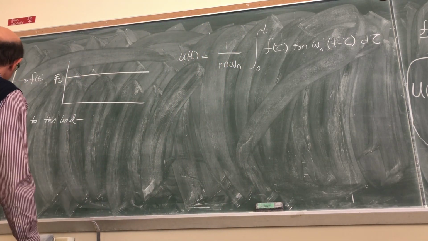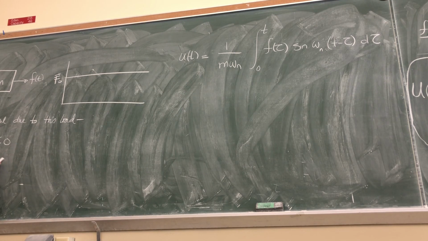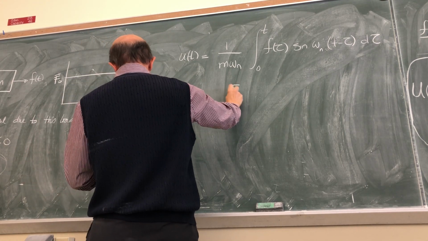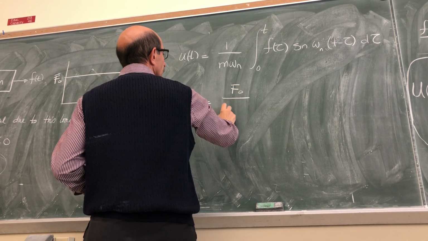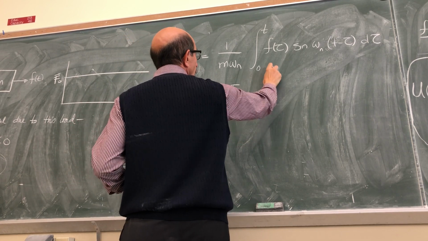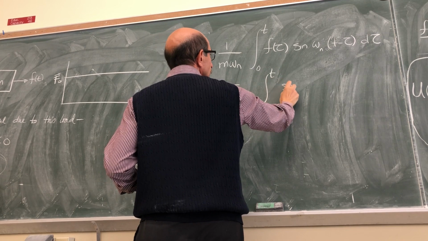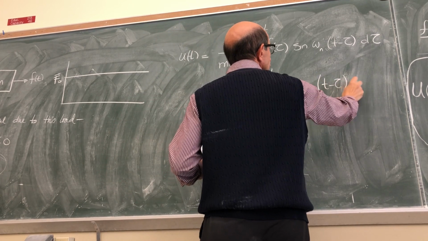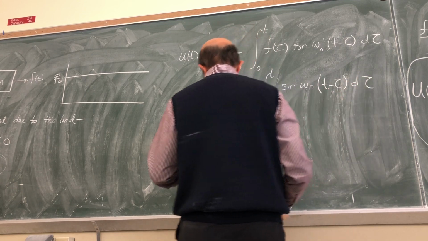But this is what you have for that F of tau after t is equal to 0. So if you substitute that in there, you just have F0 over m omega n, the integral from 0 to t of sine omega n (t minus tau) d tau.